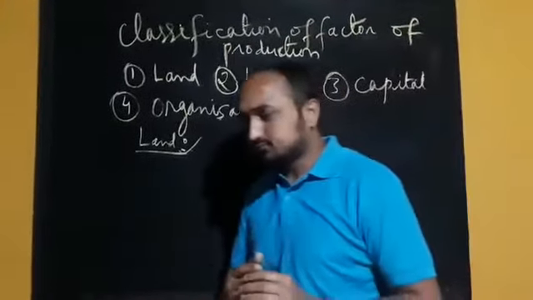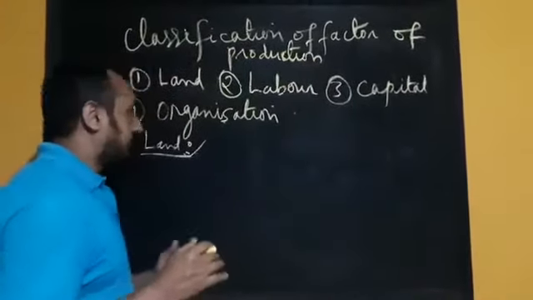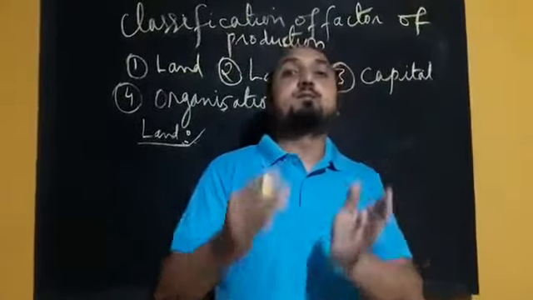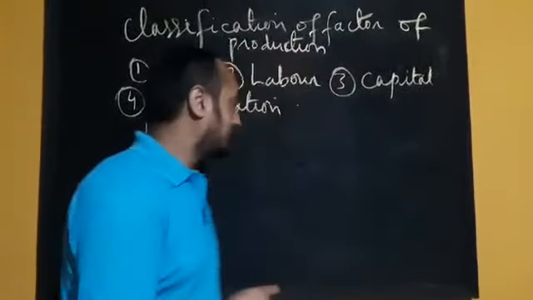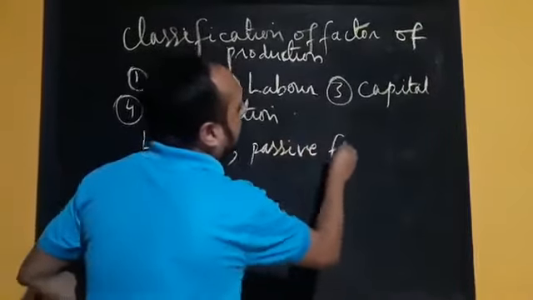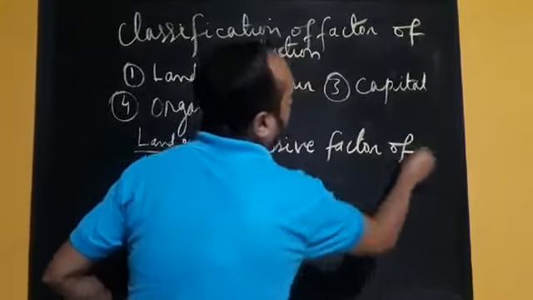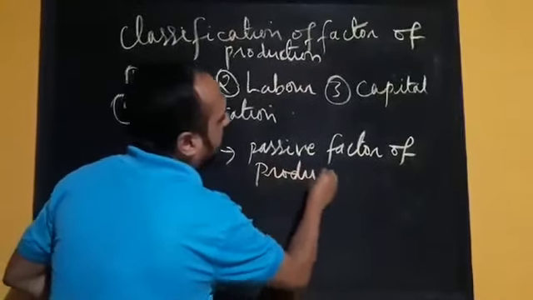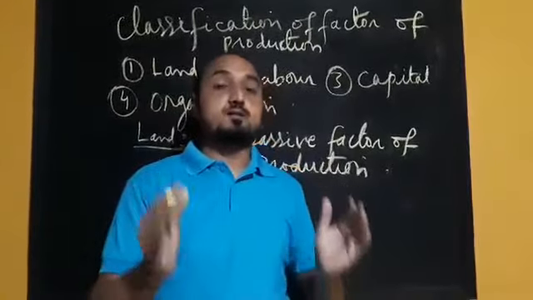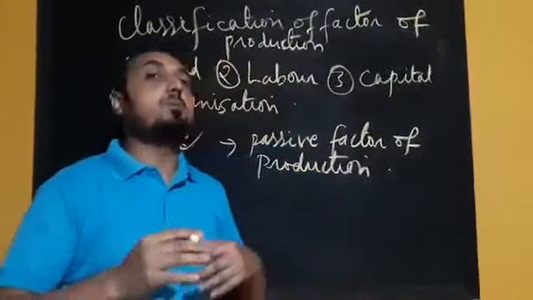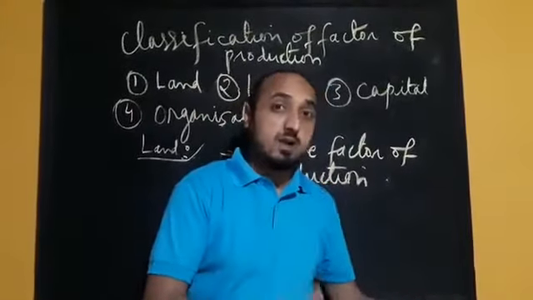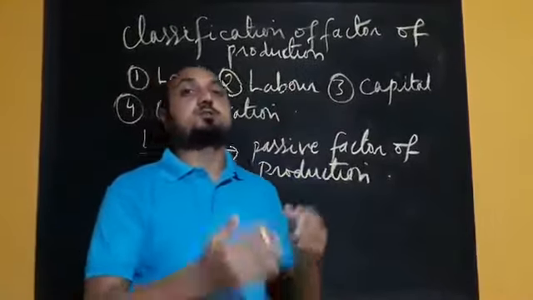Now next, sometimes the question may come, whether land is an active factor of production or a passive factor of production. So land is a passive factor of production. Okay, why is it a passive factor of production? Because in order to operate or use this land, some other factors of production are needed.